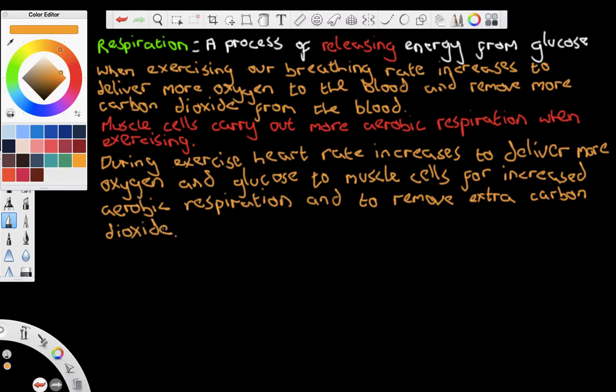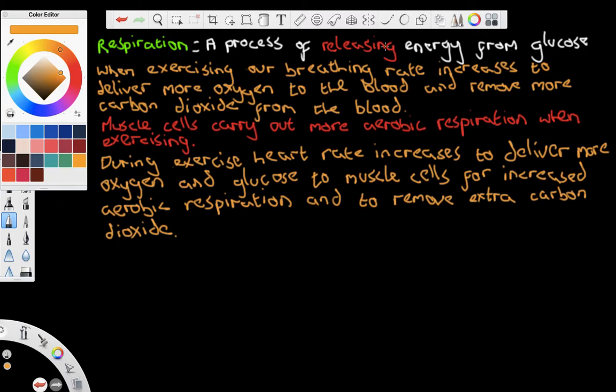So when you're exercising, your muscles are doing more aerobic respiration. They need more energy, so they're breaking down glucose by adding oxygen to it and releasing the energy so you can move, so you can run, so you can jump, whatever sport you are doing. During this time, your breathing rate increases.